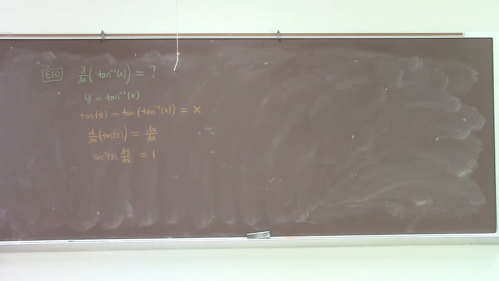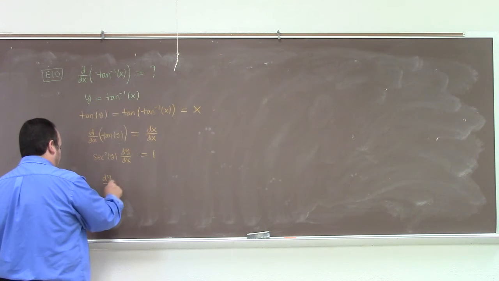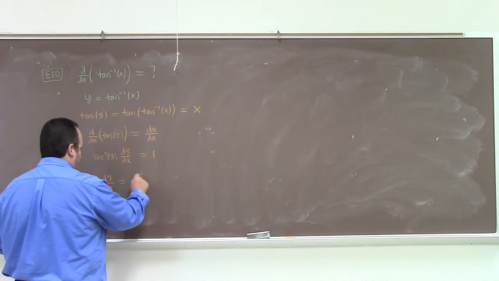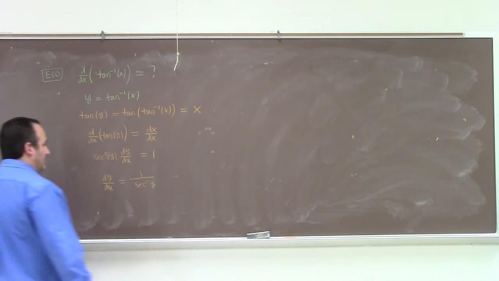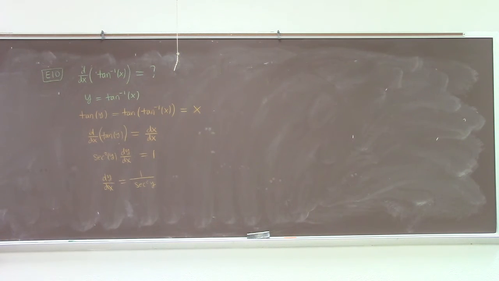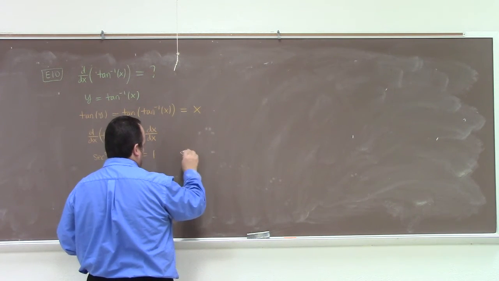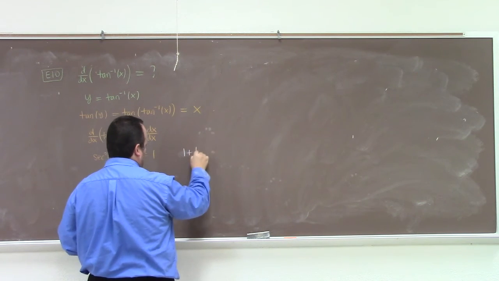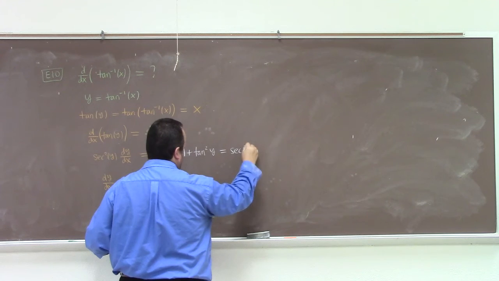What are we trying to find? We're trying to find dy/dx. That is the question. So solve for dy/dx. What do you got? 1 over secant squared y. But do you remember the identity for tangent? 1 plus tangent squared y equals secant squared.